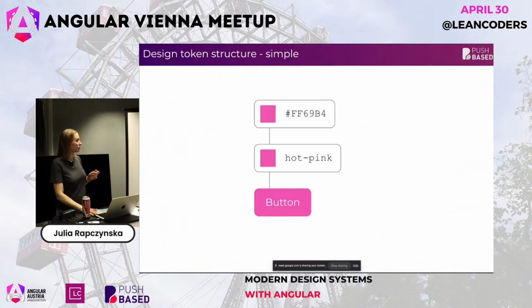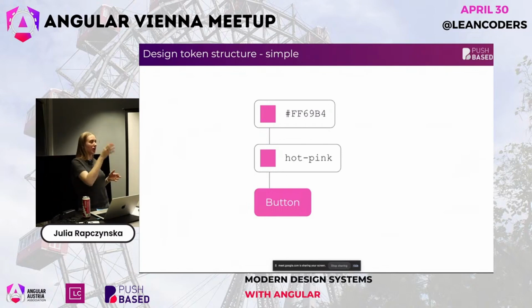When it comes to the structure of design tokens, we can start with a very simple one. I'm pretty sure that many of you define variables for colors and paddings, anything related to spacing and coloring, in order not to repeat yourself.